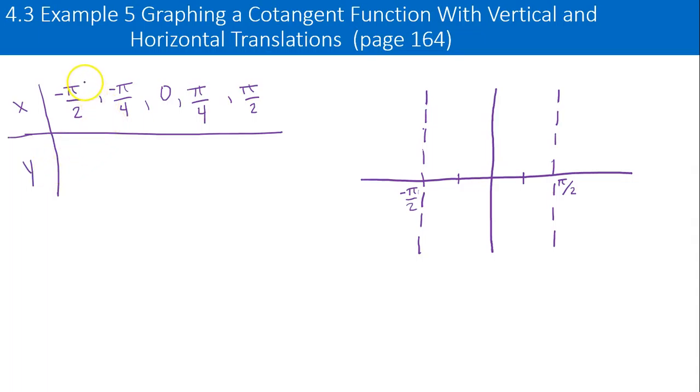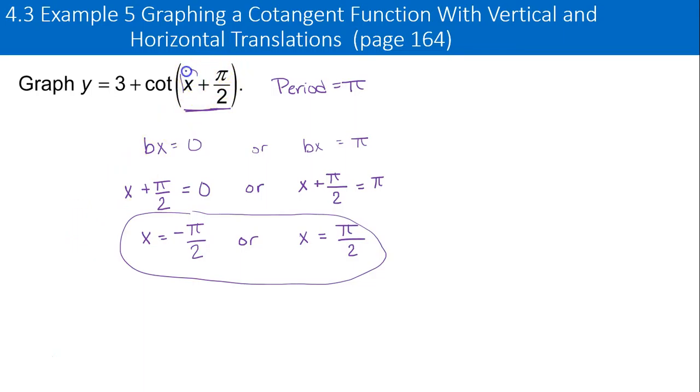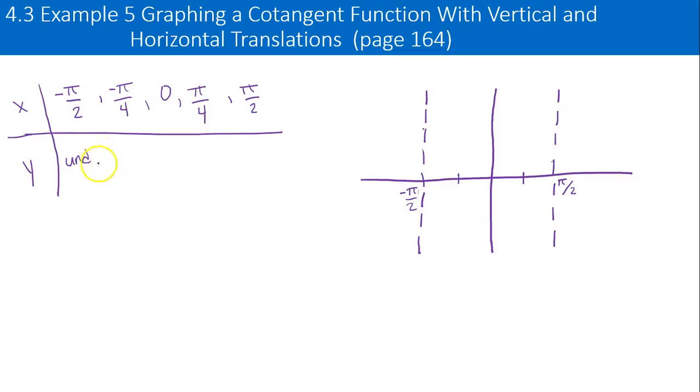These are our x values that we're going to use in our function to find the values of y. So when we plug in this, it's going to be undefined. But when you plug in this for our x value into our function here, we will actually get the value of 4.